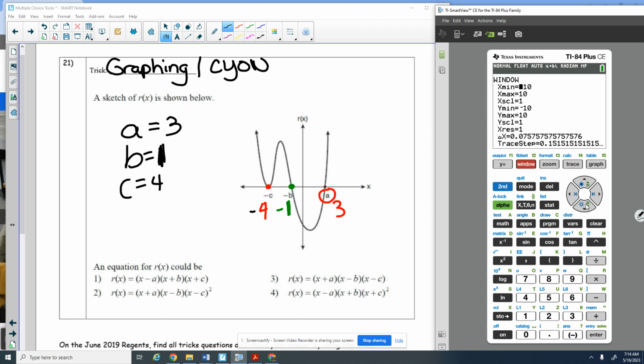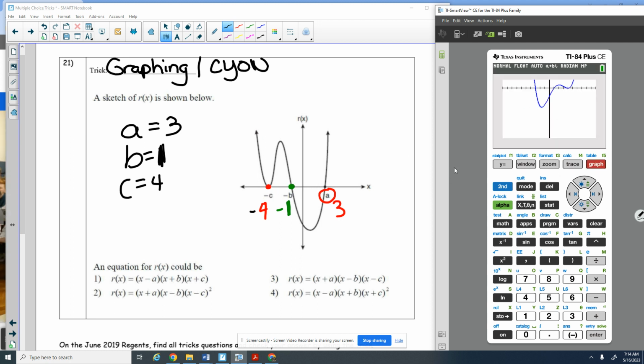Now I might want to change my window so I can see those minimum and relative minimum and maximum points. So -50 to 50, I don't know. This is not necessary, but if you really want to see, and then we're going to make this one go down to maybe -300 because that looks like a pretty low minimum. Okay, but I can see that's not what I want. It's backwards. So that gives me good faith that choice 4 is correct.